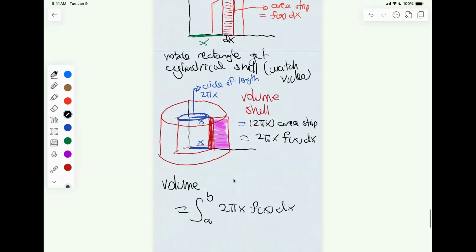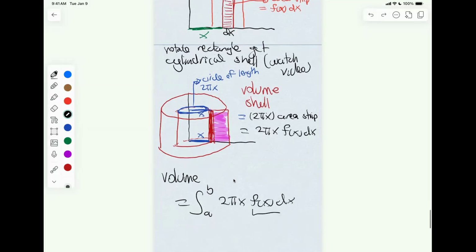Here you thought about a, and this is where b was. But I don't want to put those numbers here. The way to think about this formula is that this is the area, and this is the length of the circle base. Area times length is volume.